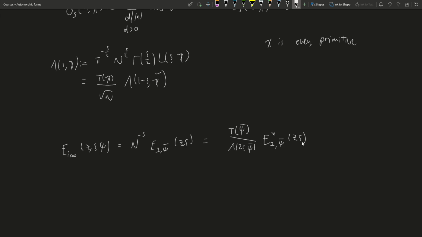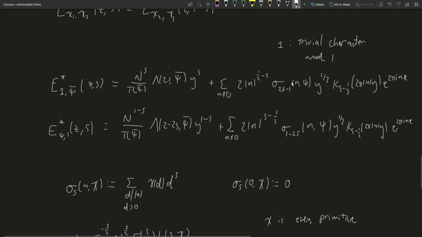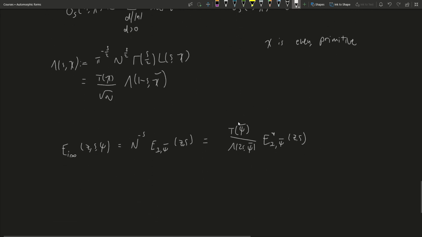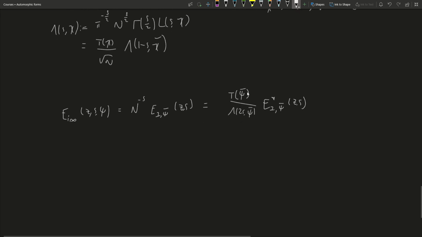Okay. And this piece right here, this is what we wrote out the Fourier expansion of here. So you can just multiply it by this Gauss sum divided by this completed L function. You get your Fourier expansion of your Eisenstein series at the cusp infinity.